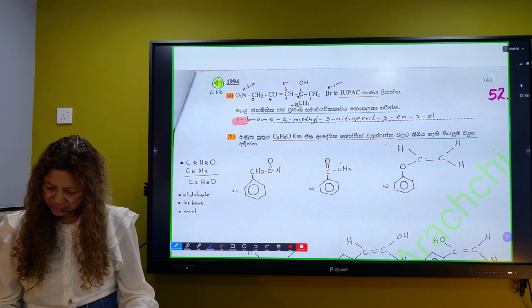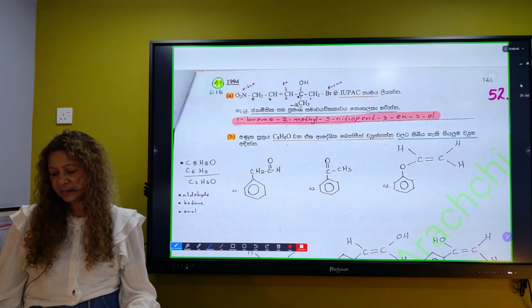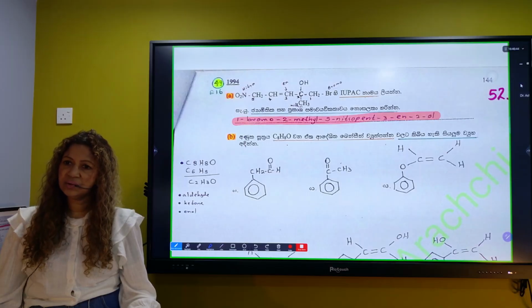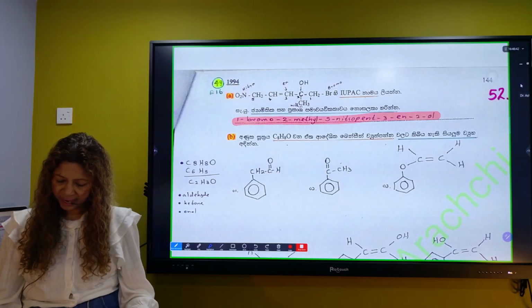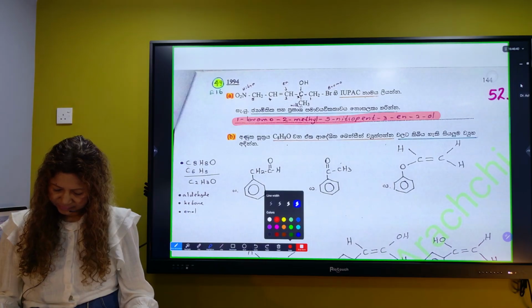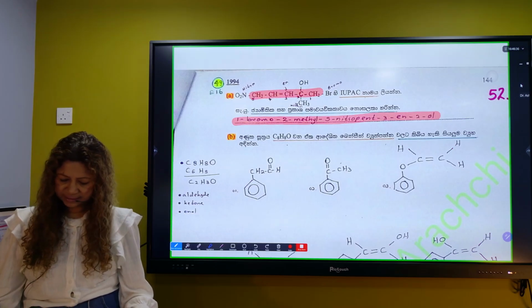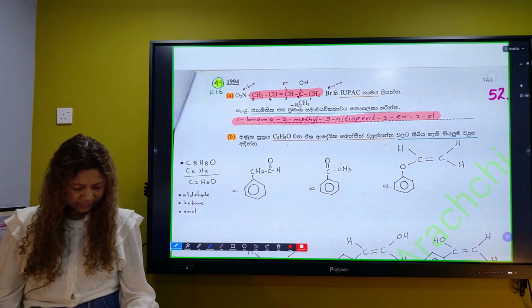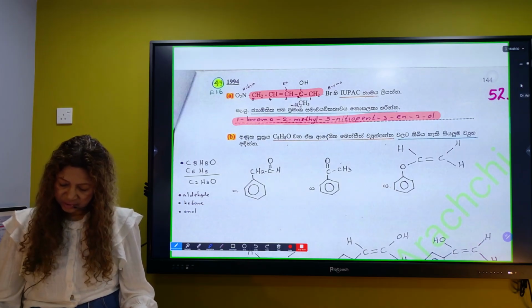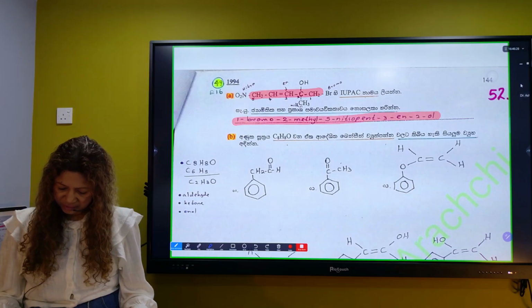1-bromo-2-methyl-5-nitropent-3-yn-2-ol. This is the main chain. Possible structures for mono-substituted, so you can go with di-substituted.